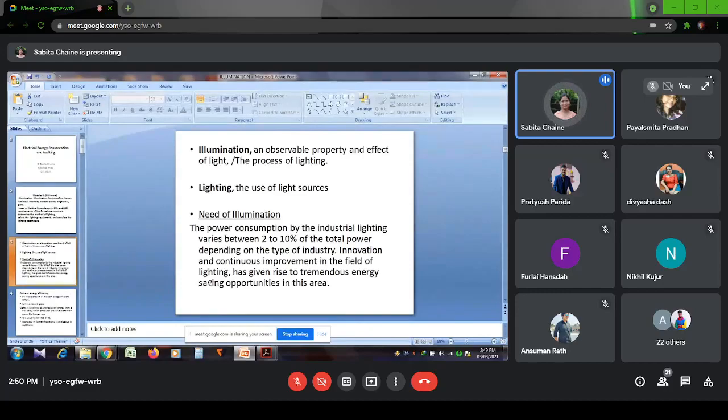Innovation and continuous improvement in the field of lighting can save energy. All of you clear? Then we go to the next slide.